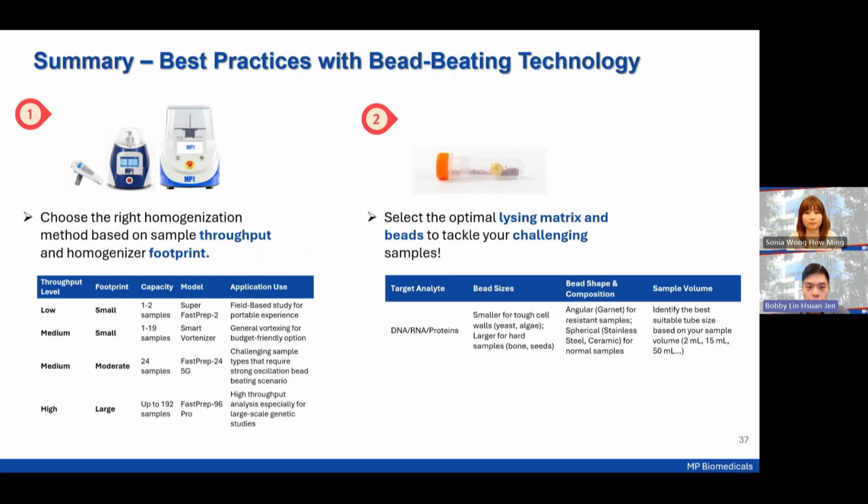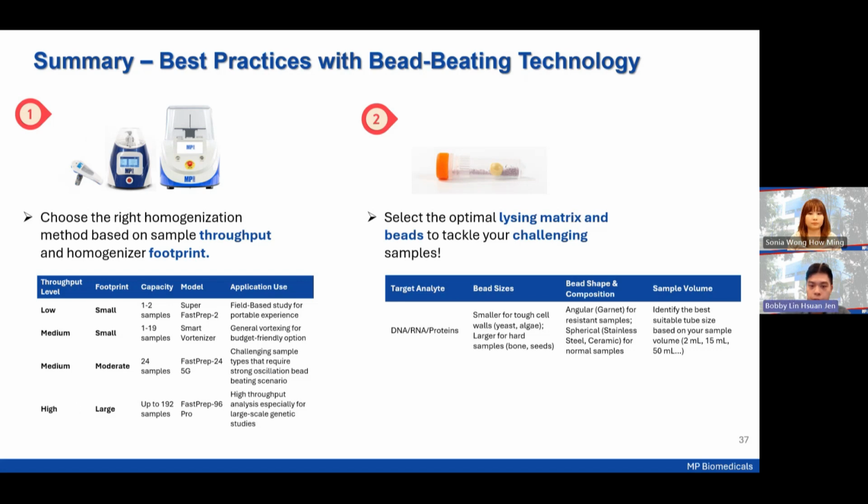Moving on to the right side, the second consideration is to look into the different properties of lysing matrix and beads. With that, we're looking at the target analytes. Is it DNA? Is it RNA? Or are you looking at proteins? We're also looking at the different bead sizes. As we just mentioned, smaller beads tend to work better with smaller cells and softer tissues, and larger beads tend to work better with tougher forensic samples.